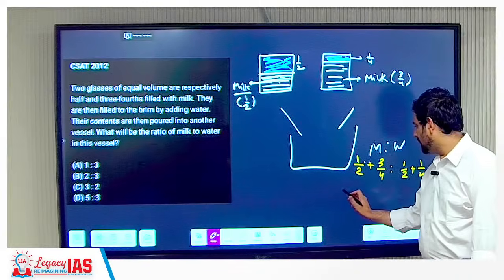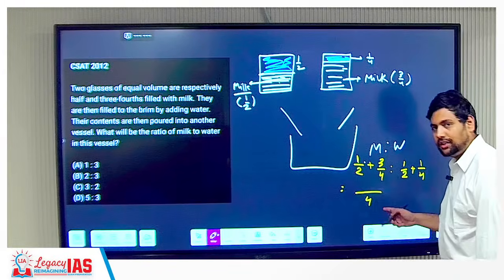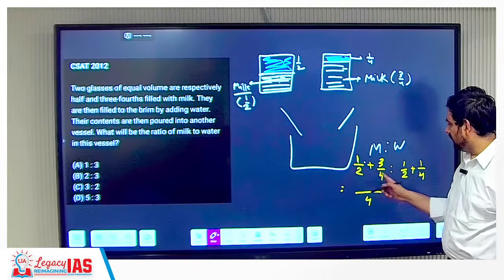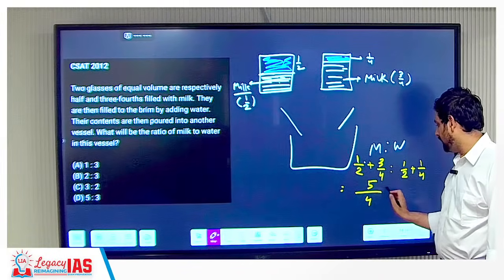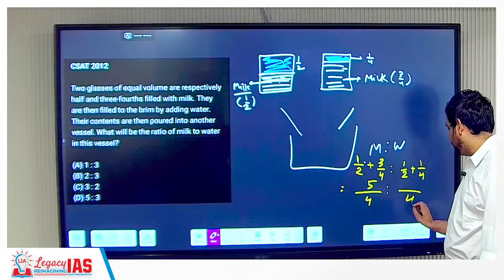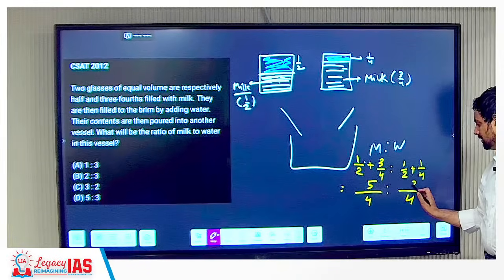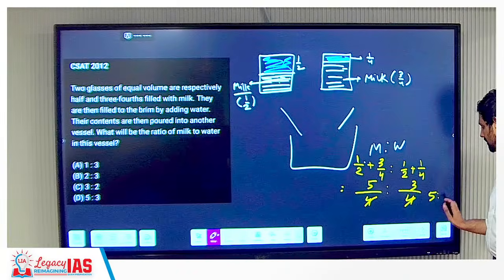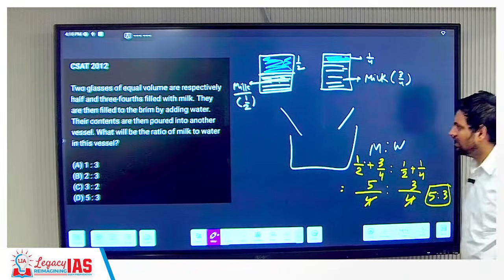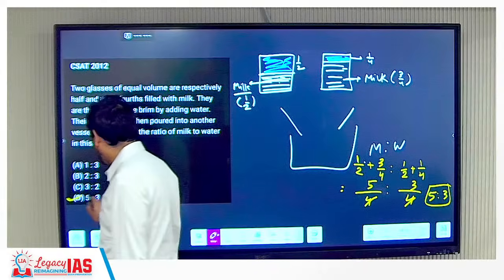Simple. 4 comes out as the denominator. Then this is 2 plus 3, that is 5. And here what you will get? Again 4 is the denominator. 2 plus 1, 3. Of course 4 and 4 you can cancel out. Answer becomes 5:3. This is the ratio of milk to water. Answer is D.